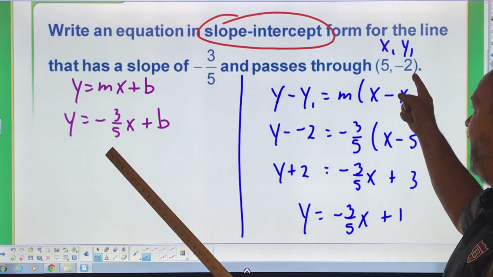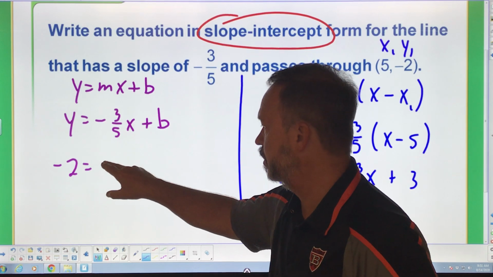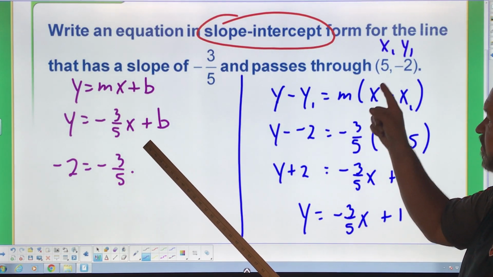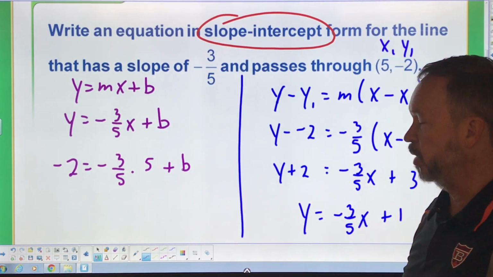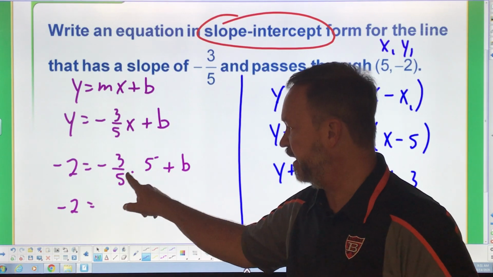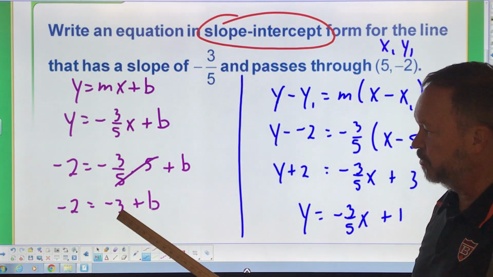So my y is -2. My x is 5. And the b I don't know. That's what I'm hunting. So that's -2 equal, the 5's cancel, -3 plus b. What happens when I add 3 to both sides?